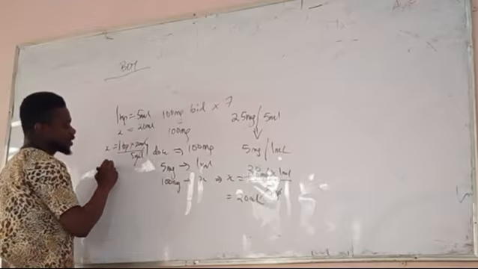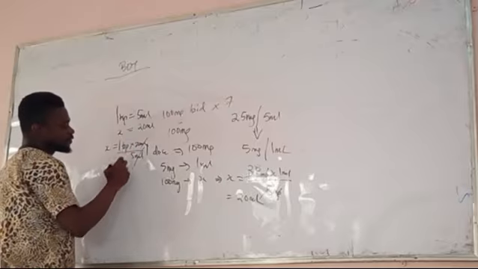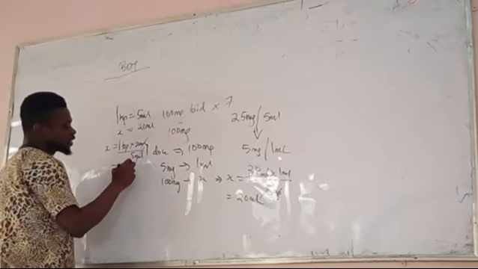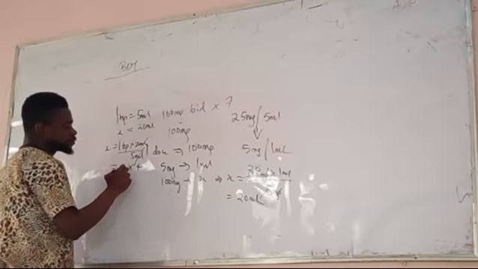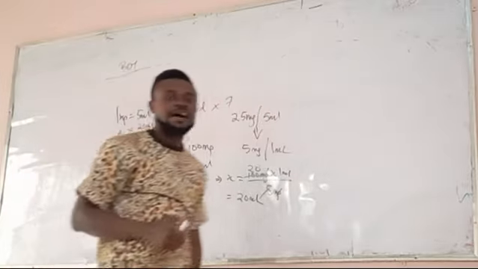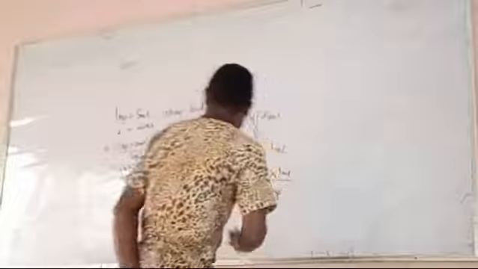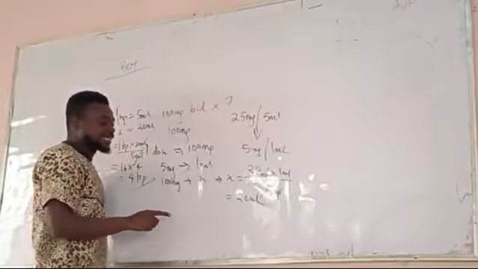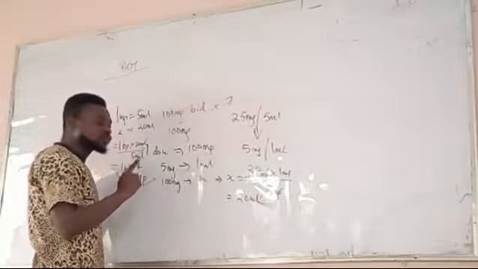Ml cancels ml. 20 divided by 5 is 4. 4 times 1 teaspoon is 4 teaspoons.